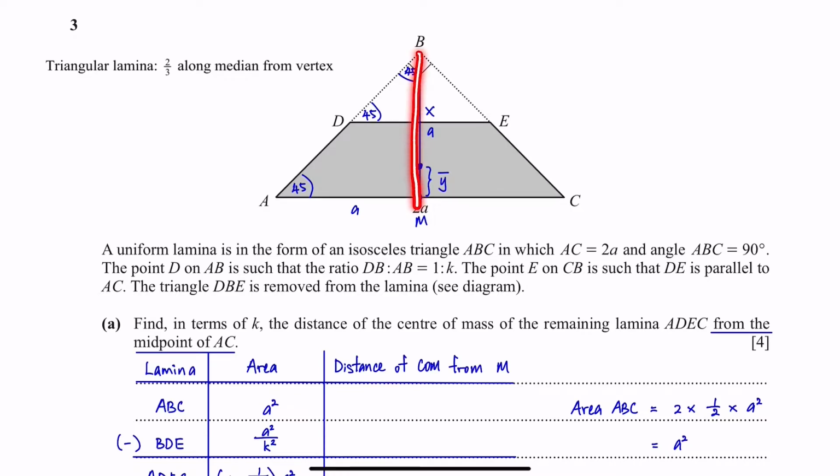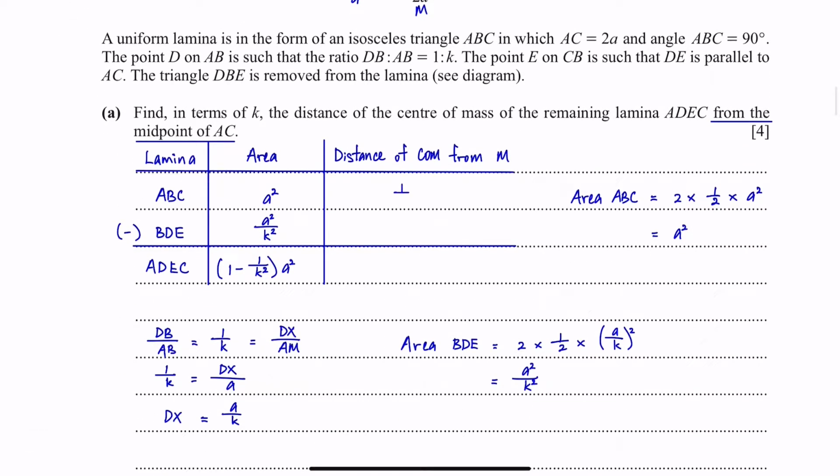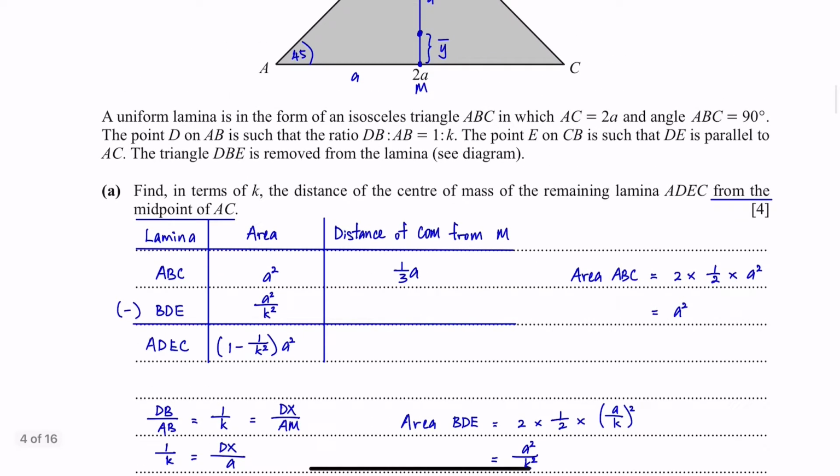So we know that this is A, and this would be 2/3 of A. So the COM of ABC would be 1 over 3A from M. Alright?